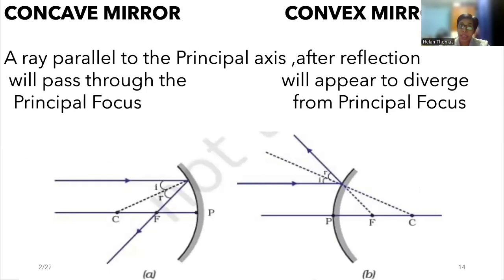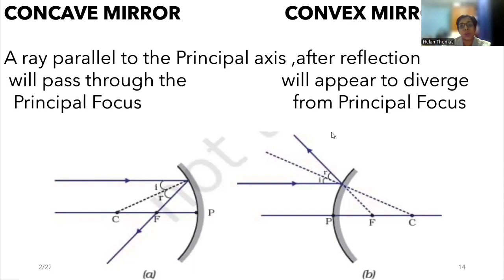In the case of a concave mirror, and the convex mirror also, consider the ray which is parallel to the principal axis. In this case, you will see the ray is parallel to the principal axis, and after the reflection, it will pass through the focus.